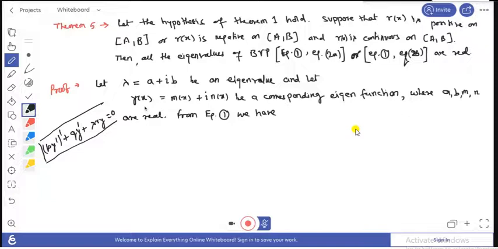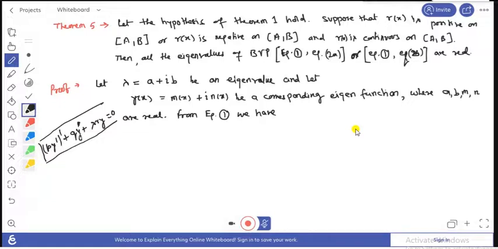Here this is q of y, not y prime, because in this term if we differentiate, we get this prime plus this.